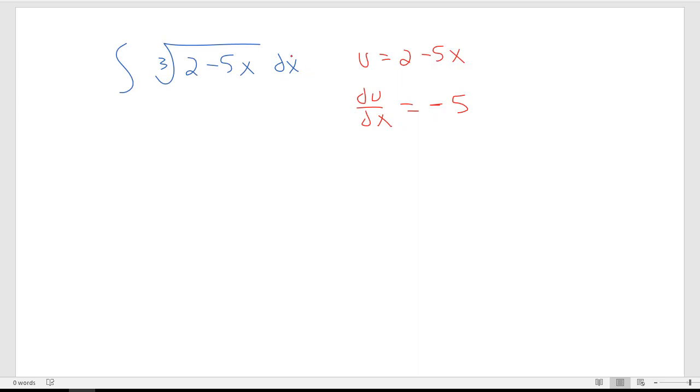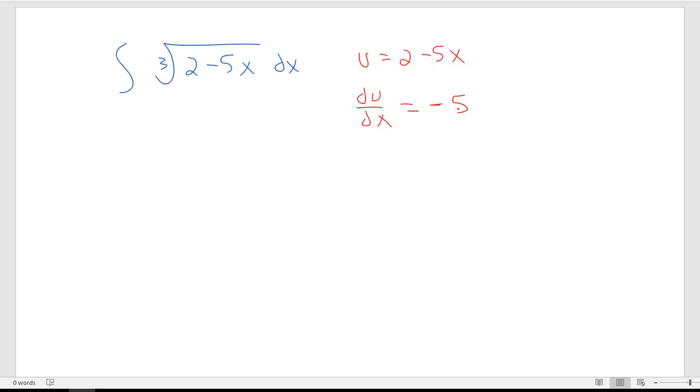I don't see a negative 5 multiplying outside the composition. Well, in this case that doesn't really matter, because the derivative of my inside is just a constant, and I can move a constant around. I can move it in and out of a derivative operation, and I can move it in and out of an integral operation.